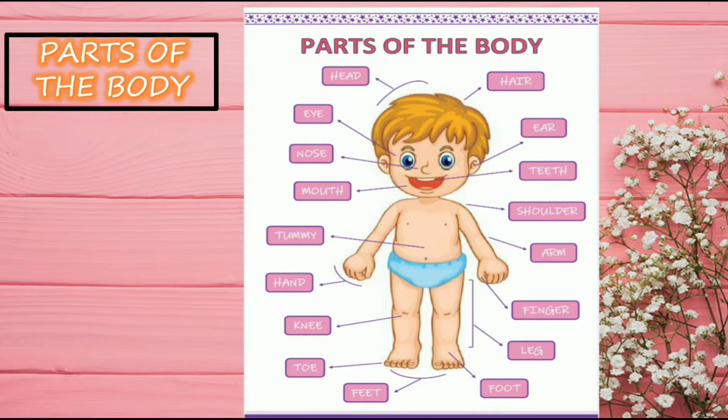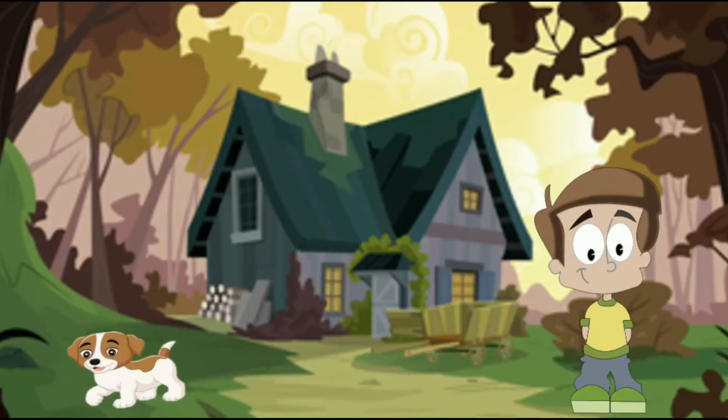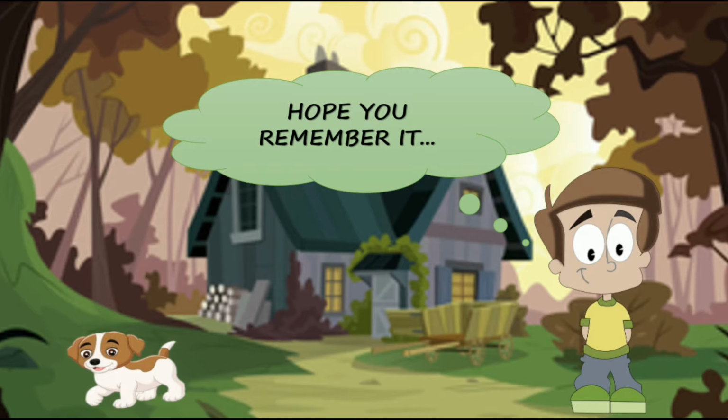We have two shoulders, two arms, two hands and 10 fingers in our hands. Then comes tummy, that is the stomach portion. After that comes the knee, leg. Leg has foot. And we have toe. So these are the parts that we have in our own body. Hope you remember it.